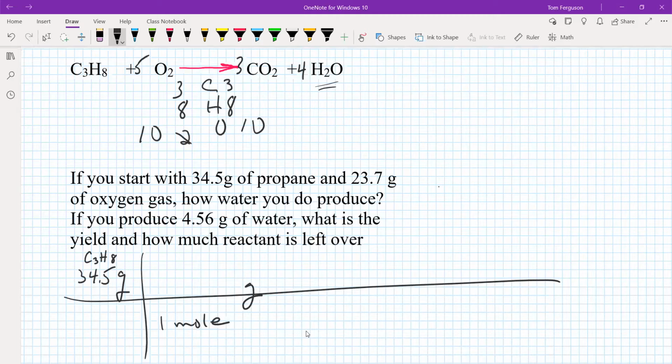Okay, so 3 carbons at 12.01 apiece, 8 hydrogens at 1.01 apiece. Let's see what that adds up to be. Let's see, 3 times 12.01 plus 8 times 1.01.